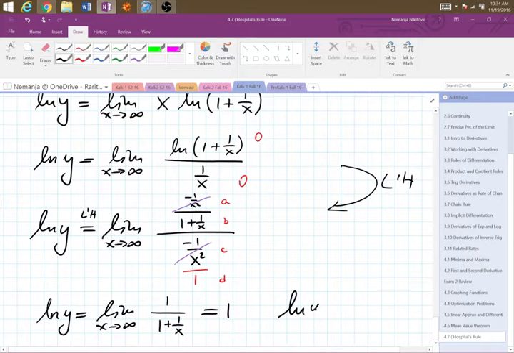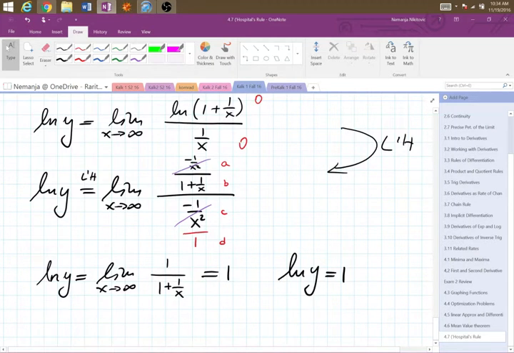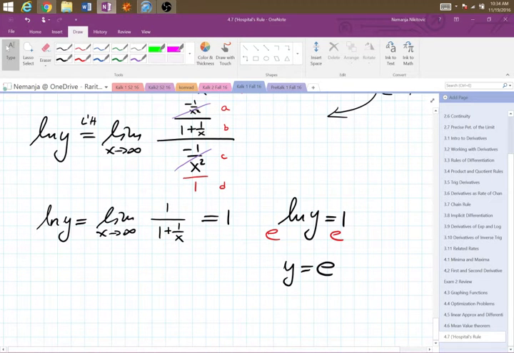From where ln y is equal to 1, we exponentiate both sides, and we get that y is equal to e. But remember that y was the limit, so what we found is the limit as x goes to infinity of (1 plus 1 over x) to the x is equal to e.